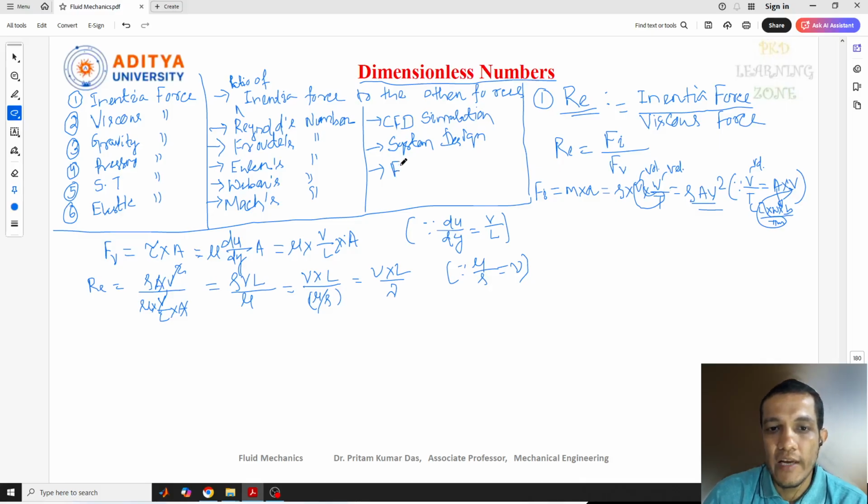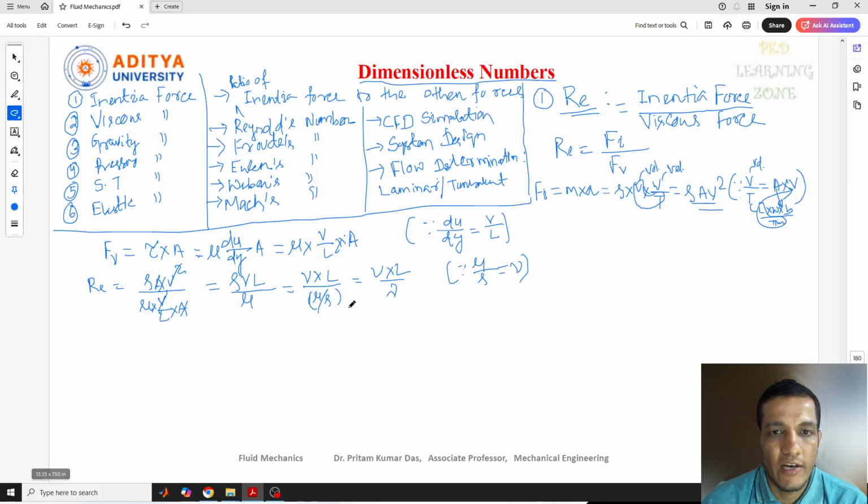Again, as we are talking about flow, in flow determination, like what kind of flow it is, or which kind of flow is required for the system. We know that there are different types of flow. Suppose the flow is laminar, turbulent or transition flow. That can also be calculated from these numbers.